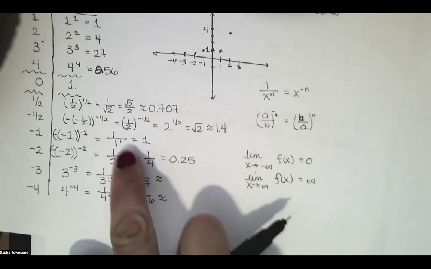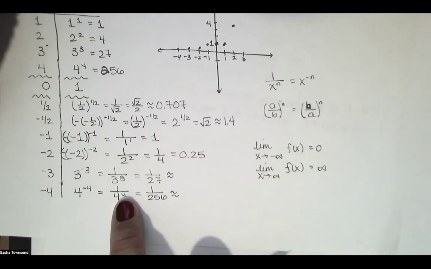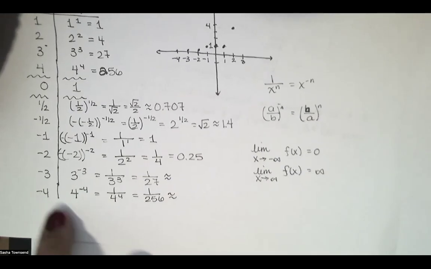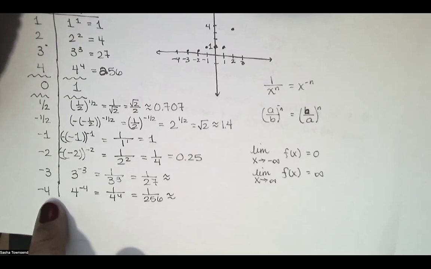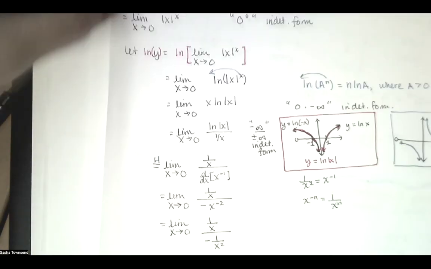So again, just like we saw here, these fractions get smaller and smaller. They get closer and closer to 0 as the absolute value of x approaches infinity. Well, as x approaches negative infinity, let's say that.